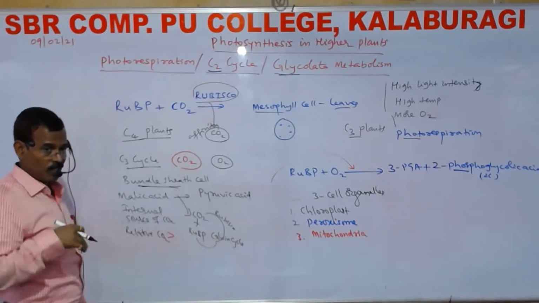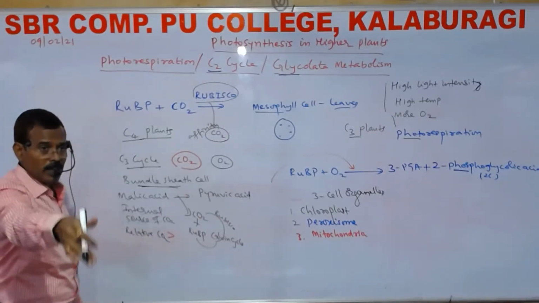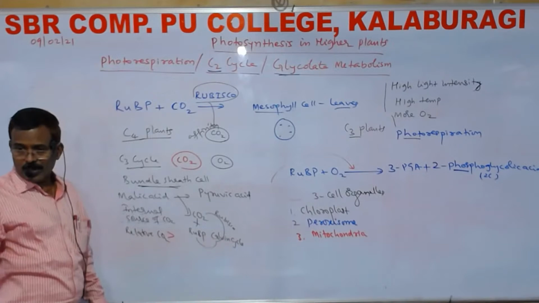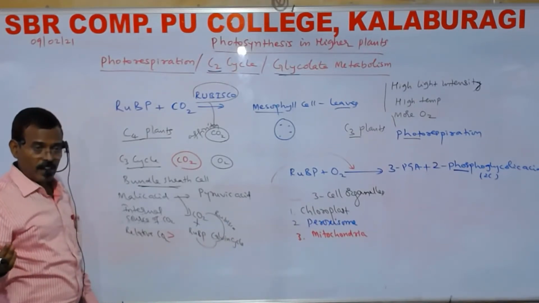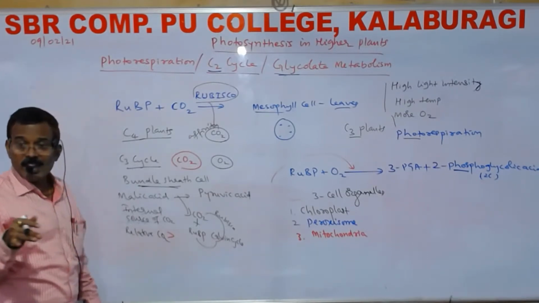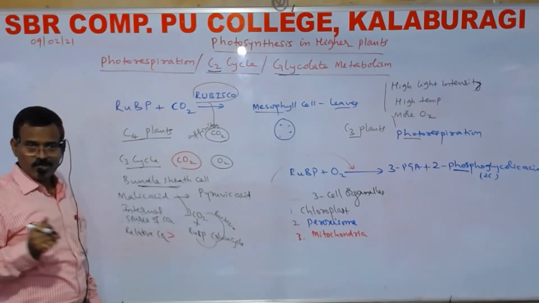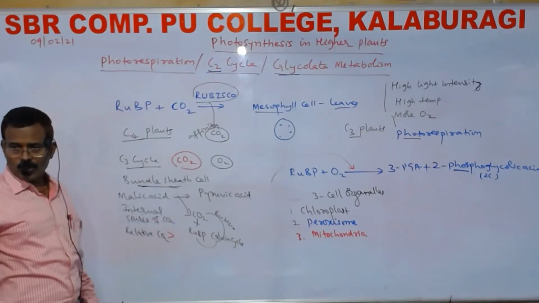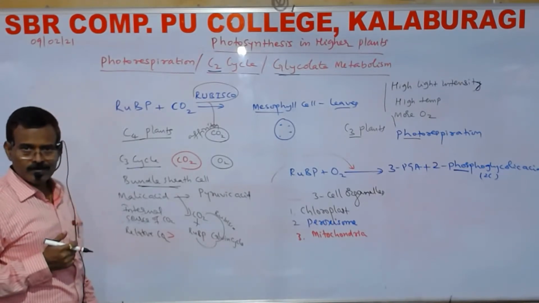In the mesophyll cell, carbon dioxide is fixed by phosphoenolpyruvic acid in presence of PEP carboxylase enzyme. PEP carboxylase enzyme has strong affinity towards carbon dioxide even if it is present in low concentration. Hence, in the mesophyll cell, there is no question of photorespiration. Right?